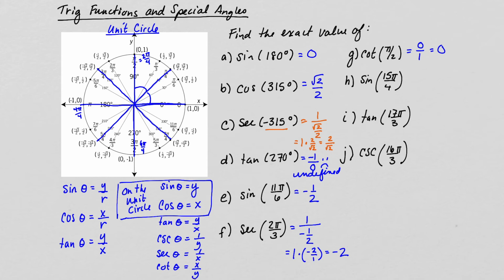I didn't count that right. So let's try that again. We're starting here, that's 0, right? 0 pi over 4. So 1, 2, 3, 4, 5, 6, 7, 8, 9, 10, 11, 12, 13, 14, 15. Okay, now we ended in the right place. So 15 pi over 4s is this spike here. And the sine is the same as the y value. So it's just going to be minus root 2 over 2.